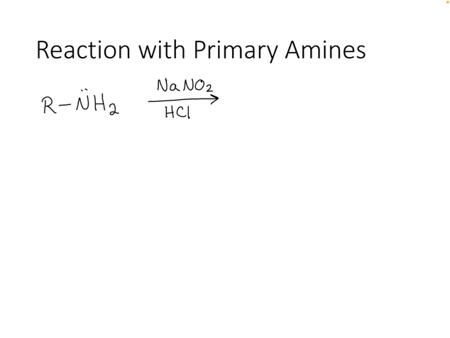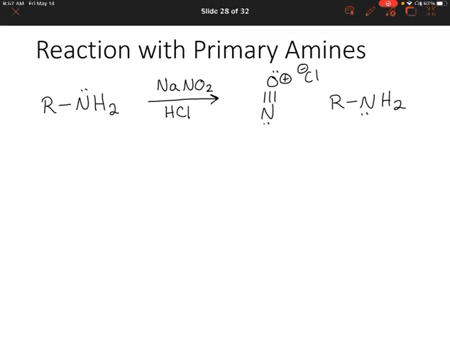So sodium nitrite and hydrochloric acid are going to form our nitrosonium ion. And we'll have a chloride ion hanging around to balance the charge. And now we can react this with our primary amine.